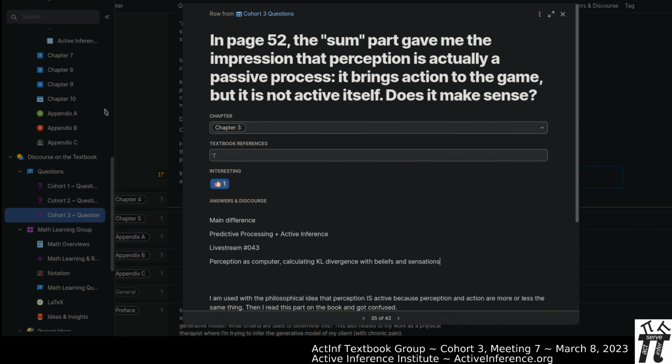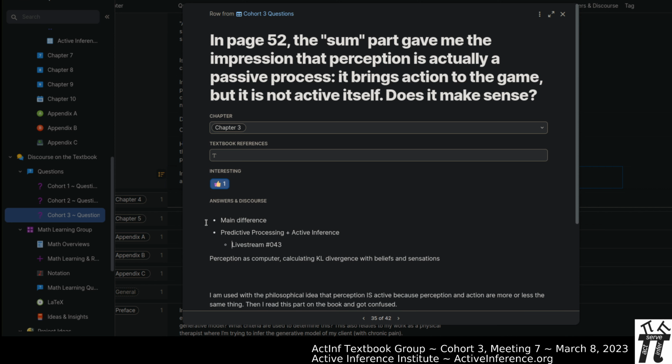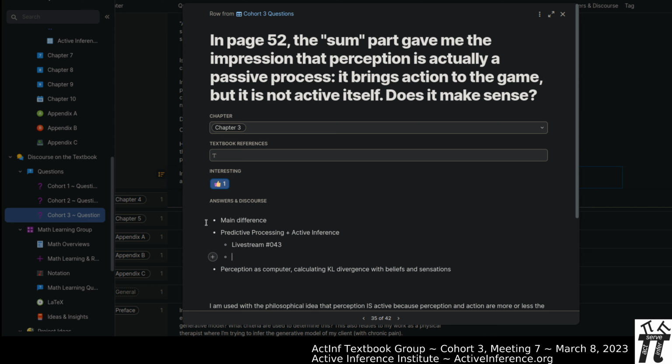Yeah, I think a slightly more nuanced distinction between predictive processing, predictive coding, and other frameworks with active inference is laid out in chapter 10, especially beginning section 10.4, page 198.